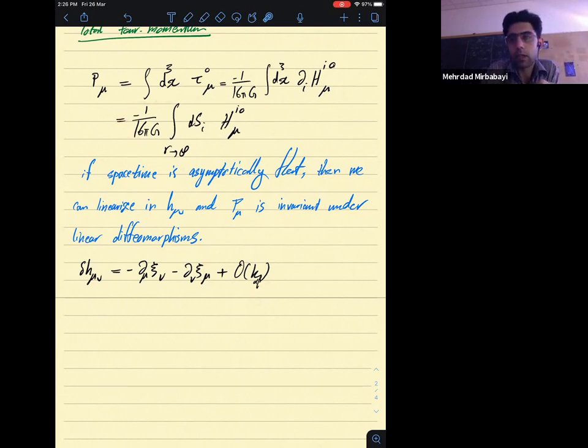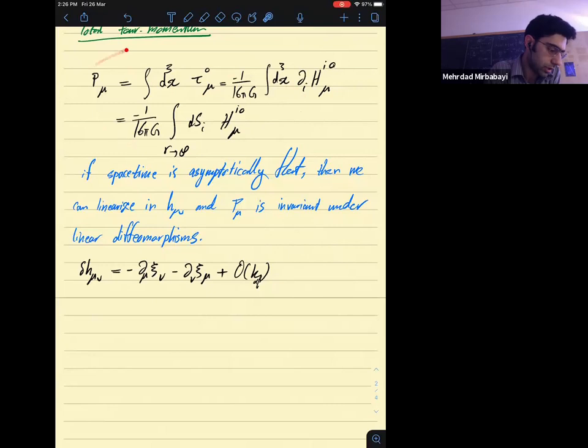So as long as we are choosing coordinate systems so that asymptotically h mu nu remains small, then we are guaranteed that we get something well defined.